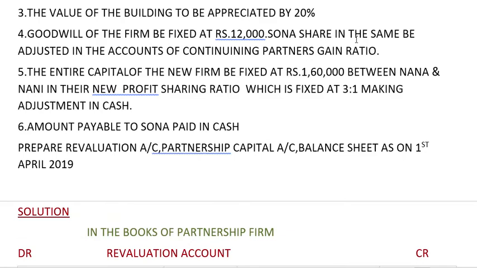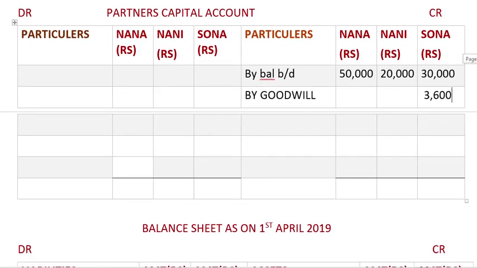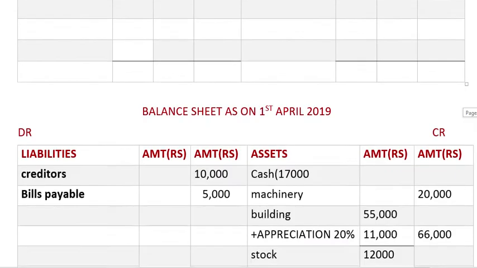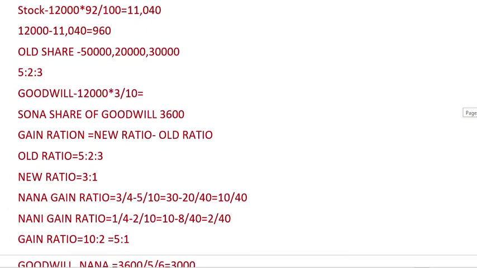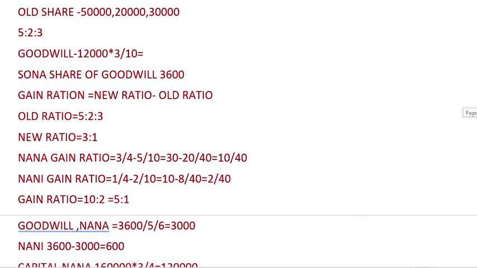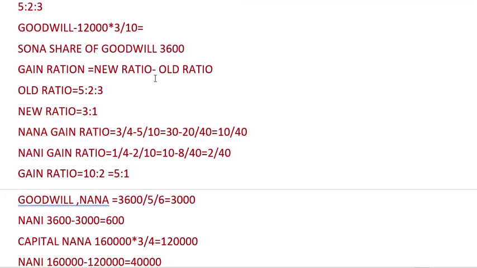Now next, Sona's share in the same be adjusted in the accounts of continuing partners in gain ratio, means we'll have to calculate the gain ratio, and this 3,600 will be adjusted in the continuing partners, Nana and Nani. What is the formula of gain ratio?